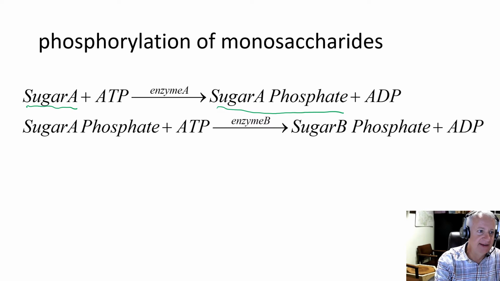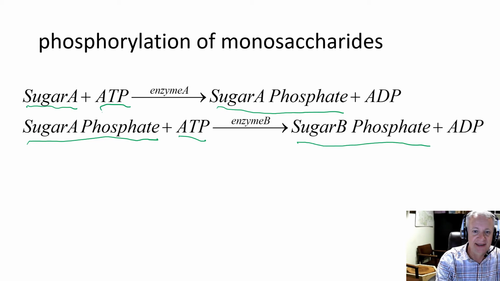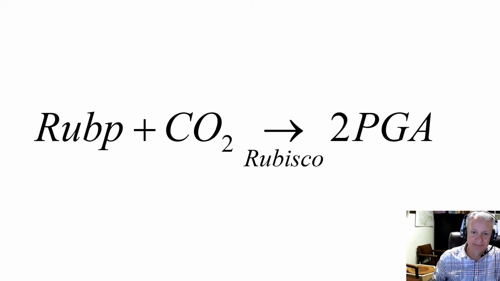You can see that because that requires ATP, that's an energy requiring step. So the expenditure of energy is required. And then once we have that phosphorylated sugar, sugar A in that case, that can be involved in another energy requiring reaction where that sugar A is then transformed into sugar B. So that's a transformation reaction.